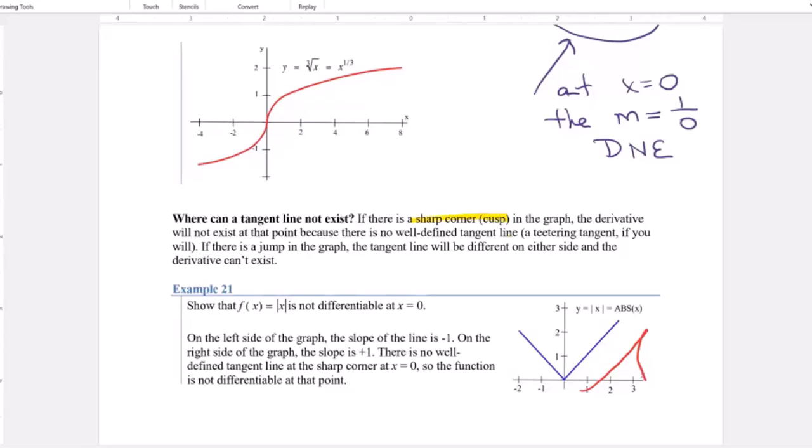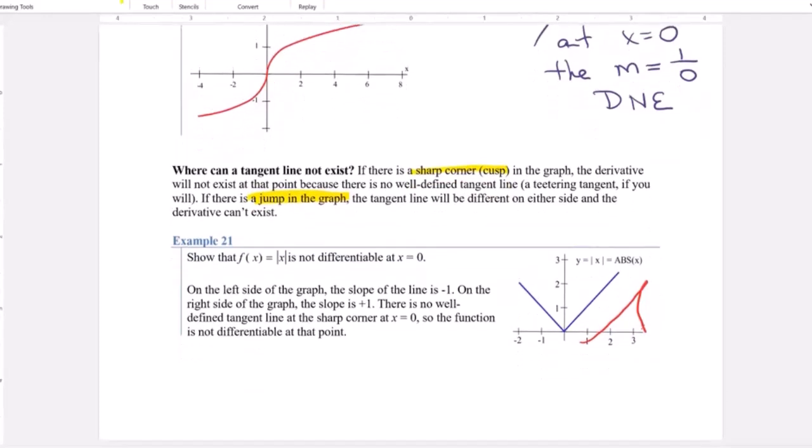The derivative will not exist at those points because there's no well-defined tangent line, a teetering tangent, if you will. If there's a jump in the graph, it's not continuous, so we know that we can't take the derivative. The tangent line will be different on either side, and the derivative cannot exist. So jumps, no. Sharp corners, no. Cusps, no.